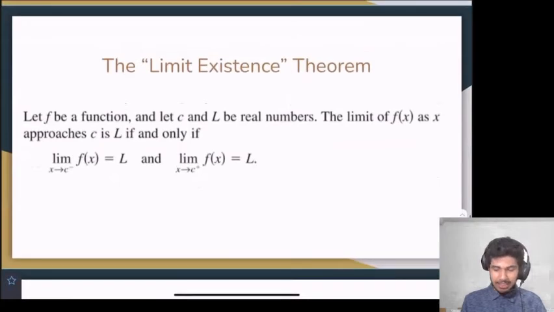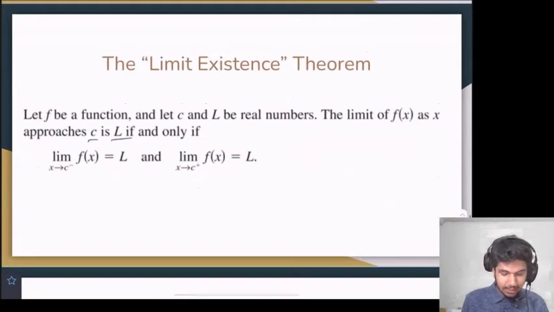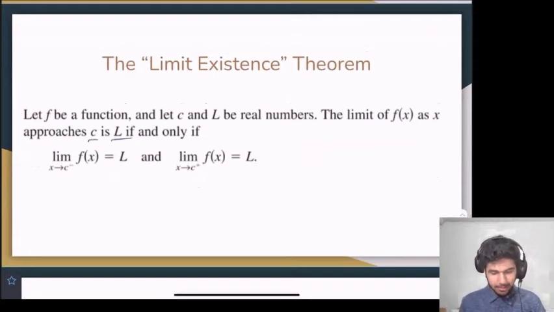Next is the limit existence theorem. Let f be a function, and let c and L be real numbers. The limit of f of x as x approaches c is L if and only if the limit from the left equals L and the limit from the right equals L. This is something we've alluded to previously today.